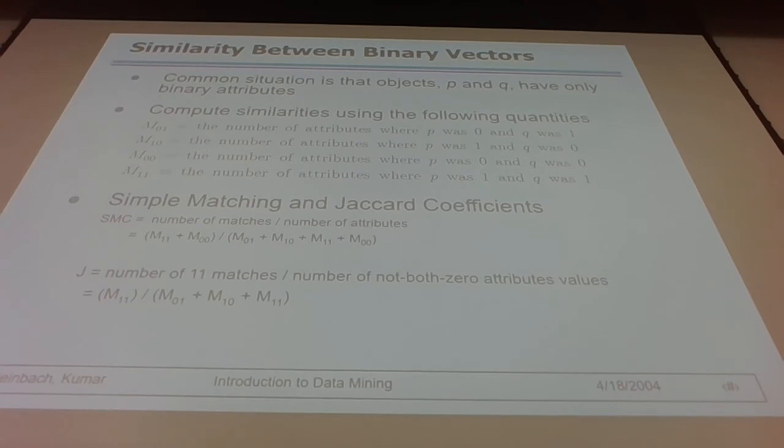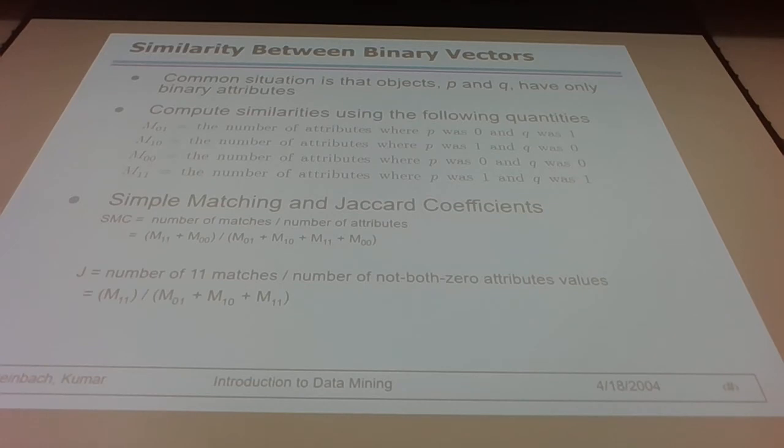Like this you go over all the n dimensions, counting how many mismatches are 0,1, how many mismatches are 1,0, how many matches are 0,0, and how many matches are 1,1. You find those numbers, and once you get them, these metrics are very easy to compute.